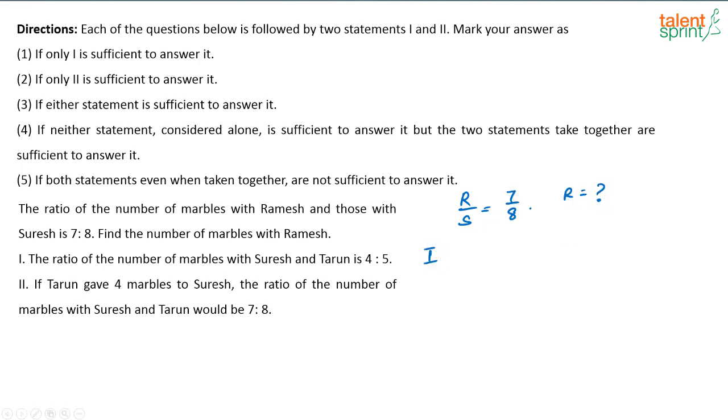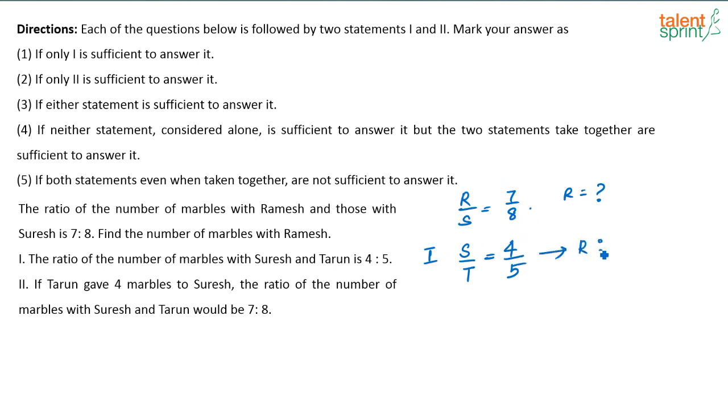Now, using the first statement, what do I get? The ratio of the number of marbles with Suresh and Tarun is 4:5. So Suresh divided by Tarun, the ratio of marbles of Suresh to Tarun, is 4/5. Putting together the given information in the question and the statement, what can I find out?